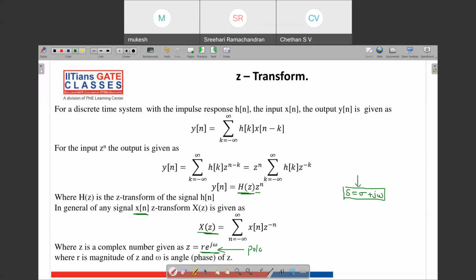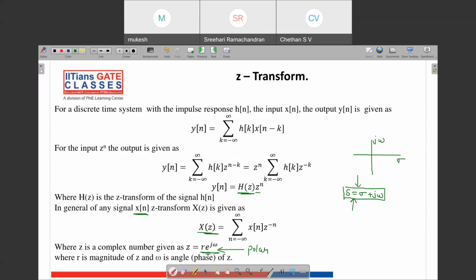In the Laplace domain you have the S plane with x-axis and y-axis, sigma and j omega. In the Z domain, you have r, which is a magnitude, and omega, which is a phase or angle.